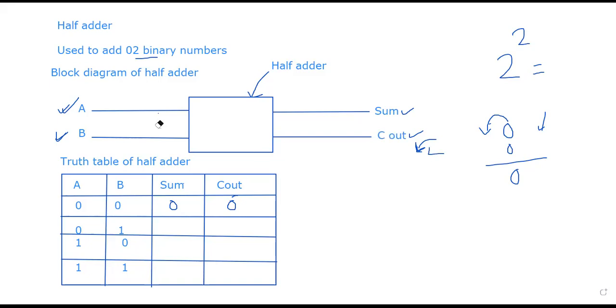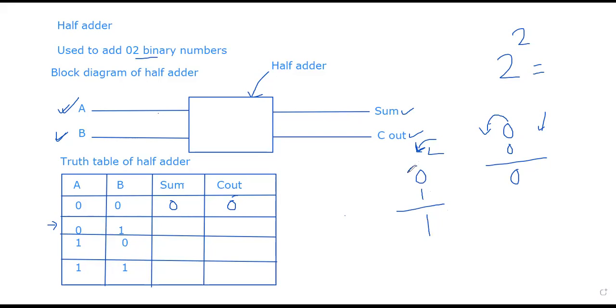To make it somewhat easy to understand, now let us think like this. Next one is 0 and 1. You need to add this scenario I'm explaining. For A, we have input 0, B input 1. Once you add 0 and 1, it's going to be 1.